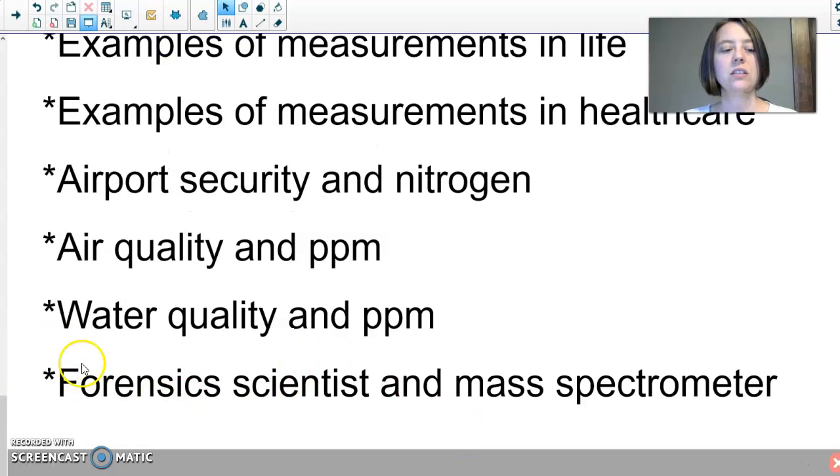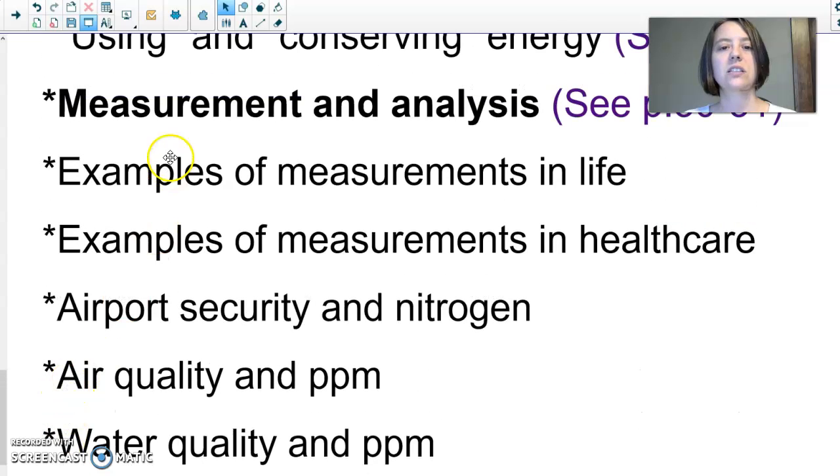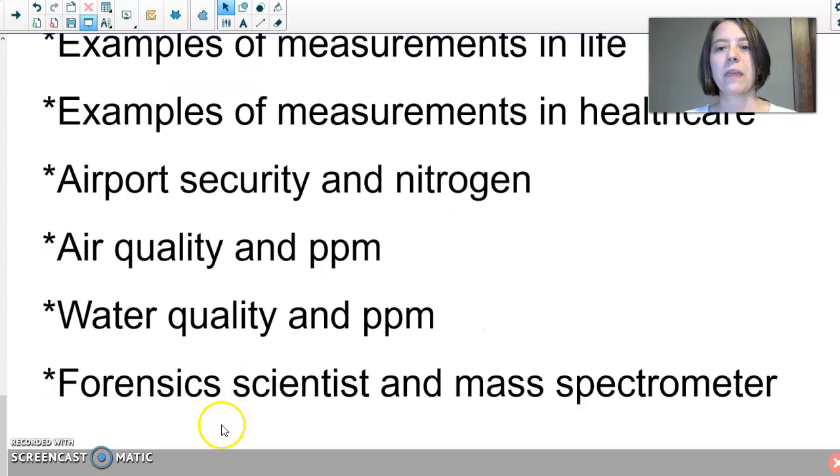So I want you to write these 1, 2, 3, 4, 5, 6 things down, and then be able to discuss them during our class discussion.